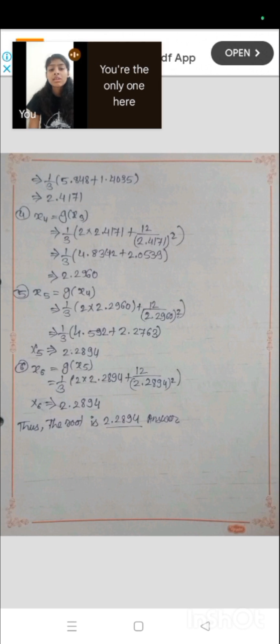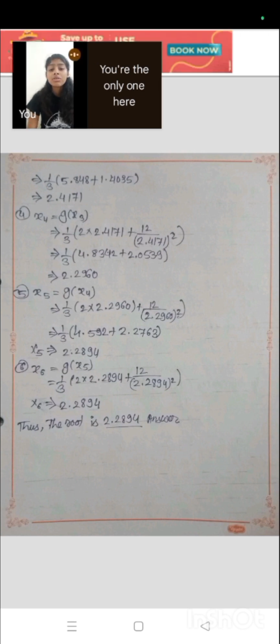We check that the x4 and x5 values are not the same, so we iterate x6 is equal to g of x5. In the g of x formula, we put the x5 value: 1 by 3 into 2 into 2.2894 plus 12 upon 2.2894 square. We find the value x6 is equal to 2.2894.